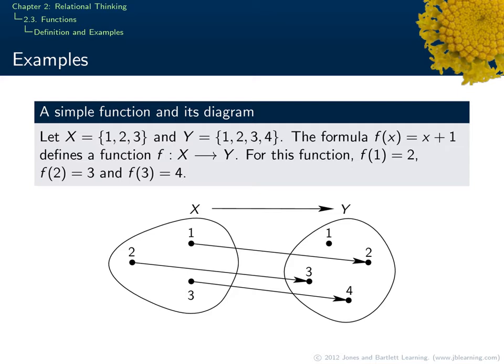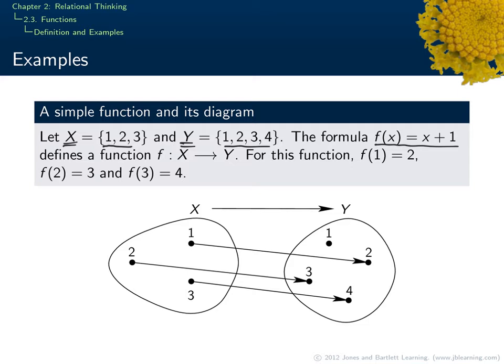In this instance, the set X, the domain, or the collection of inputs, is the set {1, 2, 3}, and the set Y, the codomain, which is the set of possible outputs, is {1, 2, 3, 4}. Now we need a rule that assigns each element of X a single element of Y, and that rule is given in this case by a formula, f of x equals x plus 1.